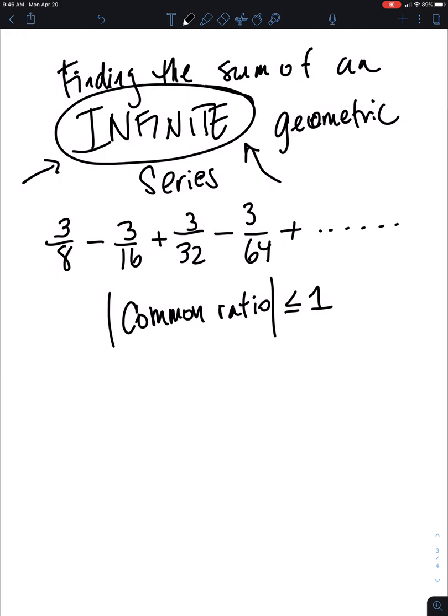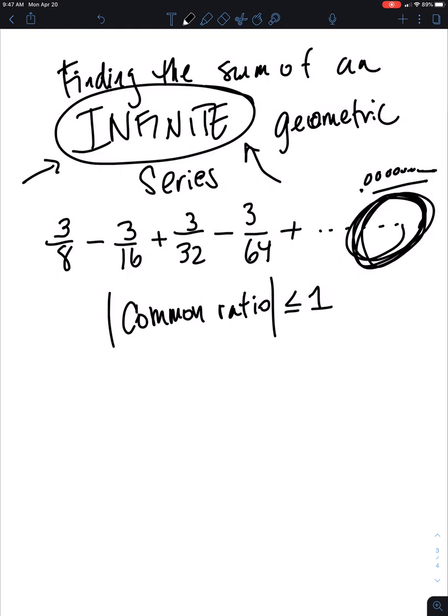What has to happen here is, if you put these in your calculator, these numbers are getting smaller and smaller, and they get closer and closer to 0. So at some point out here in the infinite number, this number is a tiny, tiny little fraction, and so you're just adding basically the tiniest little number, so it doesn't really matter. So that common ratio has to be less than 1.